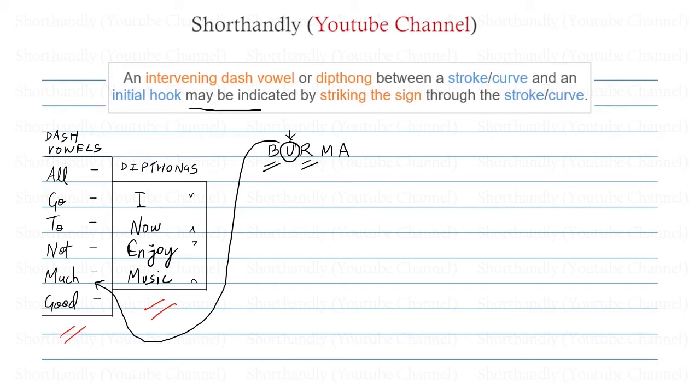Now, if you see this part, it says it can be indicated by striking the sign through the stroke or a curve. Okay, so what does striking the sign mean here? So let's understand this by writing this word.